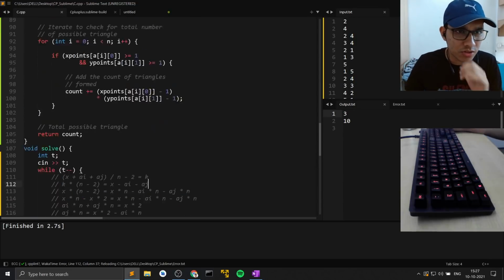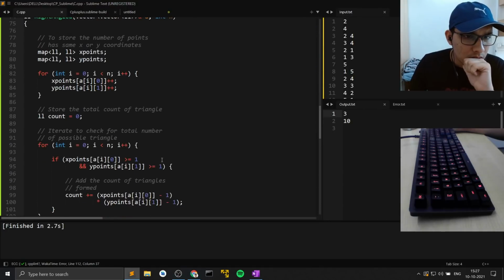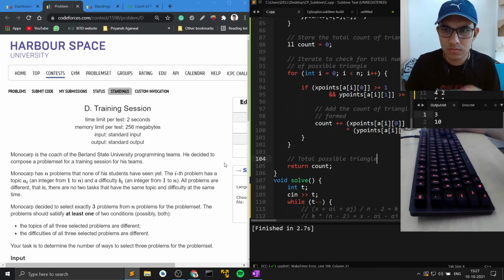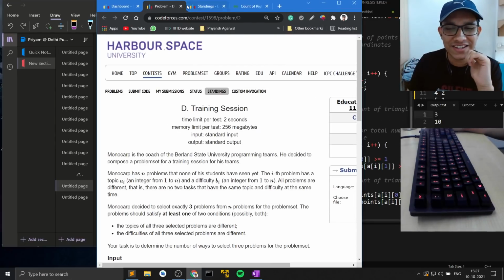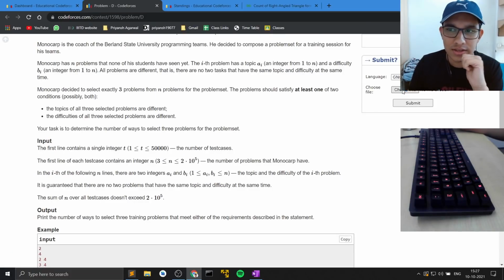Okay, but I'm not sure if this overall function is fine or not. Okay, I don't really care about it. Honestly, I have no idea how to find number of right angle triangles, so let's just submit this.